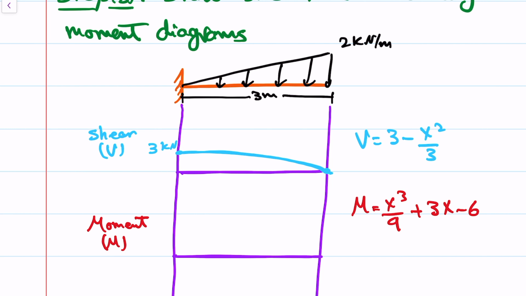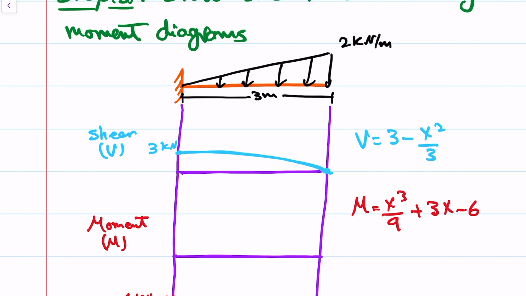Yeah, for the moment equation at x equals 0, you will have moment equals -6 kilonewton meter.